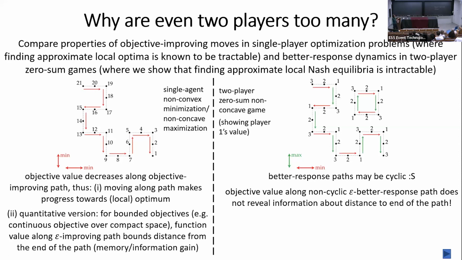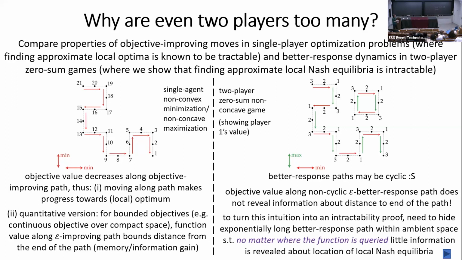But even if you start on a non-cyclic improving path, because of this repetition of values, you don't get a lot of insight about where to query next to identify a local Nash equilibrium, which would be an endpoint of this thing. Okay, so this is the intuition.